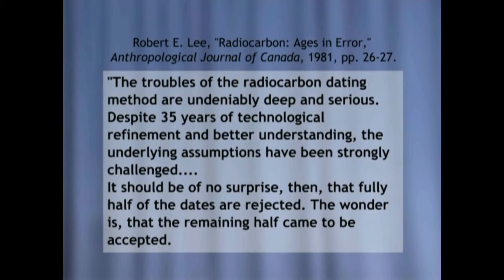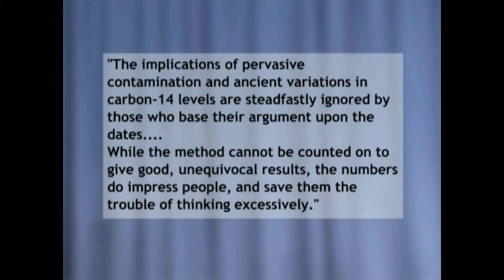The wonder is that the remaining half came to be accepted. And they conclude, the implications of pervasive contamination and ancient variations in carbon-14 levels are steadfastly ignored by those who base their argument upon the dates. While the method cannot be counted on to give good, unequivocal results, the numbers do impress people and save them the trouble of thinking excessively.